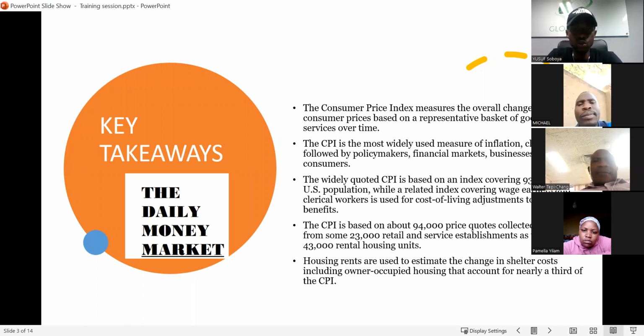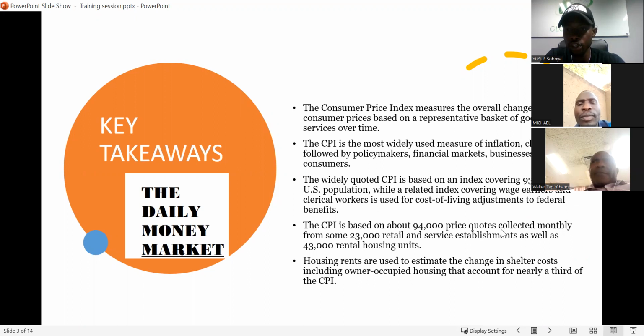The CPI is also based on about 94,000 price quotes collected monthly from some 23,000 retail and service establishments, as well as 43,000 rental housing units. So you can see it's based on 94,000 price quotes in a month.